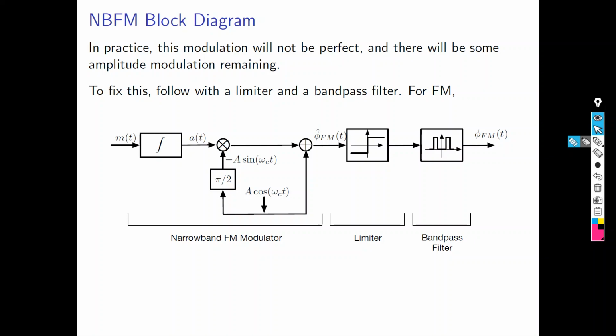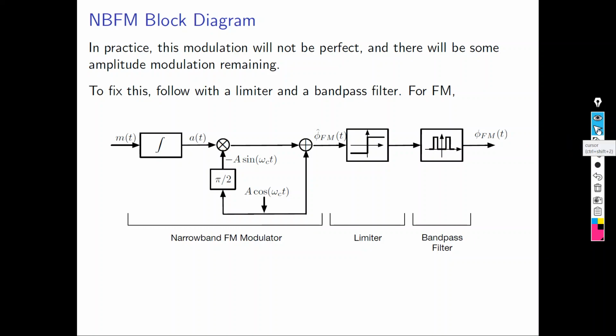Because we are not using amplitude modulation, we don't want any change in the amplitude. To avoid that, after the modulation block diagram, we use a limiter. This limiter determines the amplitude into two values, just no more: if it is above this value, or below this value. And then to remove the unwanted interference and unwanted harmonics, we use a band pass filter.